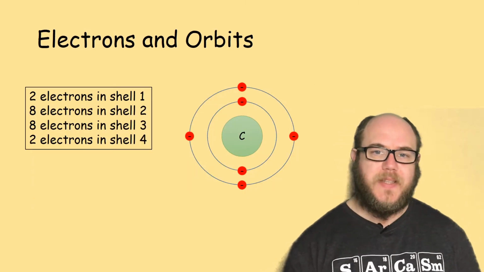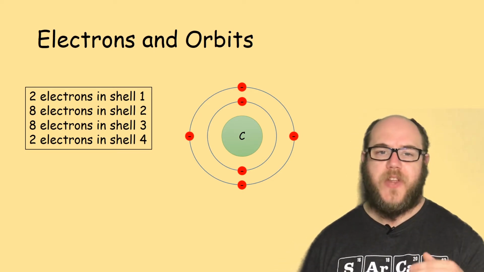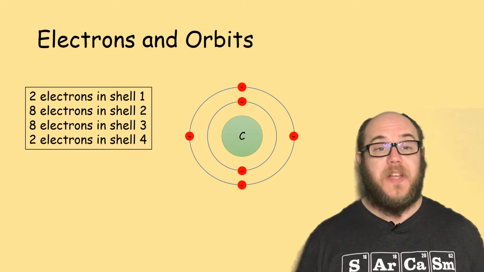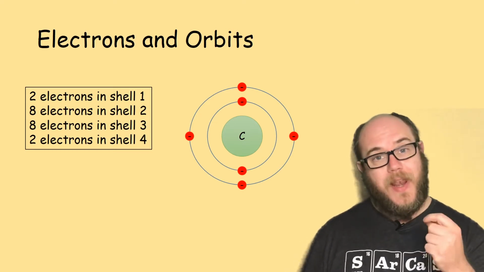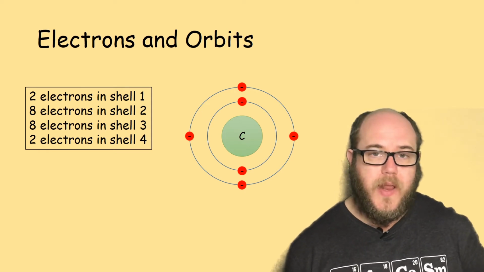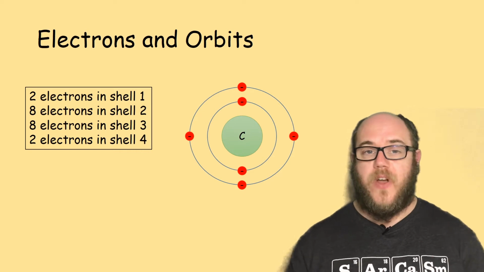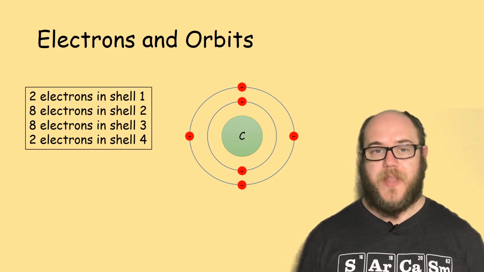Bohr came along and decided, right, atomic shells, electrons live in shells. They all actually have different amounts of energy. The electrons that are closest to the nucleus have one type of energy, and if they're further away, they have a different amount of potential energy.